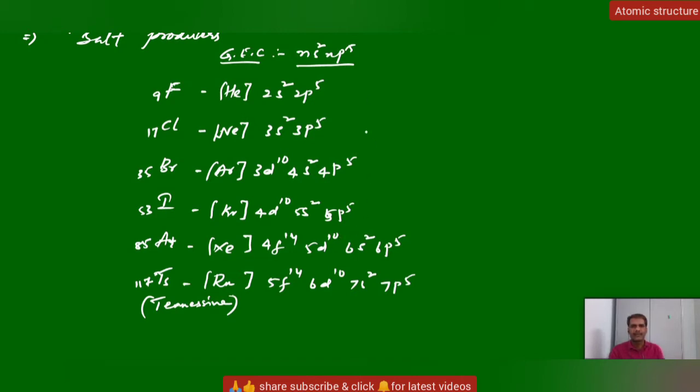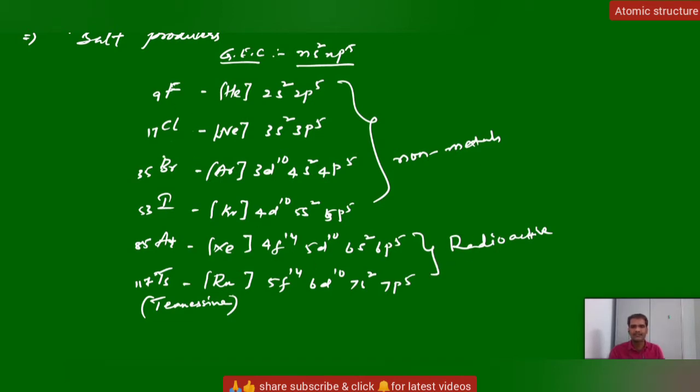Here the first four elements, fluorine, chlorine, bromine, iodine, are all non-metals. And astatine and tennessine are radioactive elements. They are radioactive in nature. So we will not worry much about these two radioactive elements.